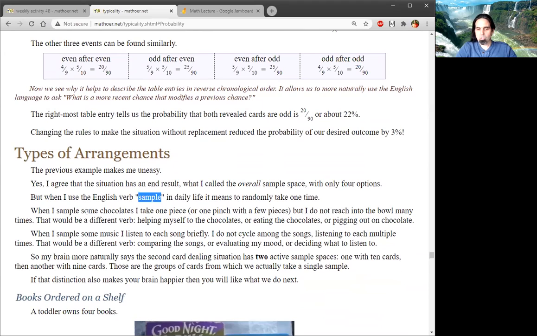Like when I sample chocolates, that means there's some bowl of chocolates and I reach in once and take either a chocolate or a pinch of chocolates, but I don't get to reach into the bowl lots of times. I wouldn't say I sampled the chocolates then. I'd say I'm helping myself, or I'm eating the chocolates. Sample would seem the wrong word if I reached in several times.